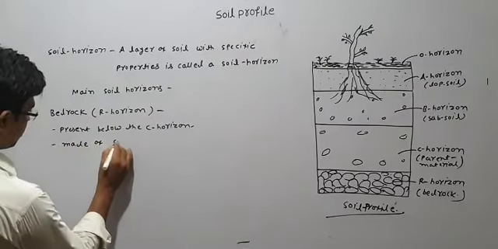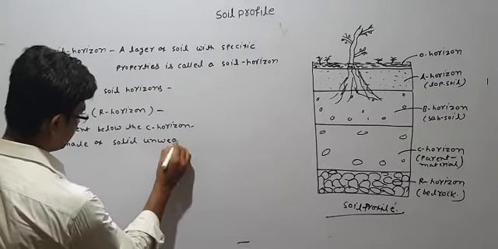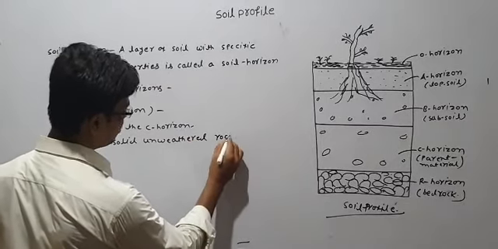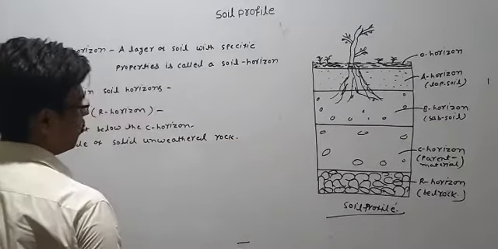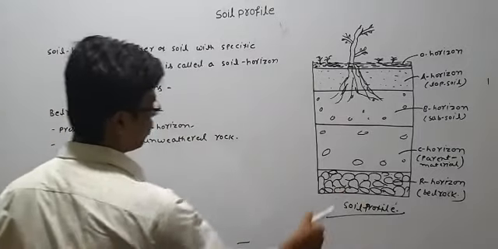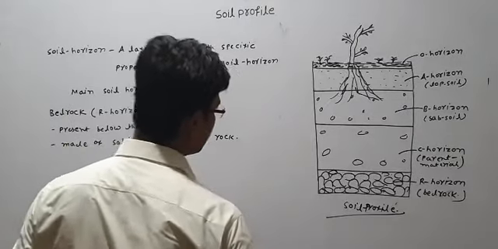Made of solid unweathered rock. This one is not completely weathered rock, so we have written solid unweathered rocks. They are still bigger size rock particles. That's why we say this.